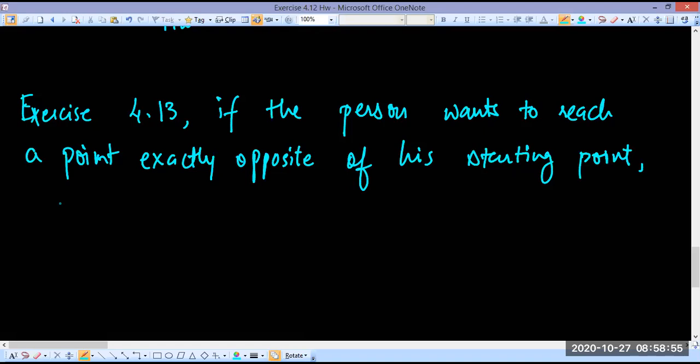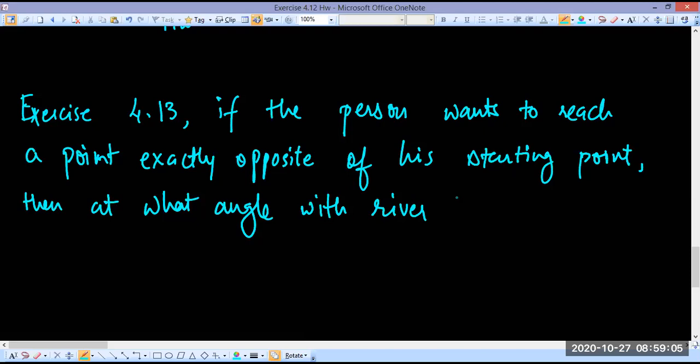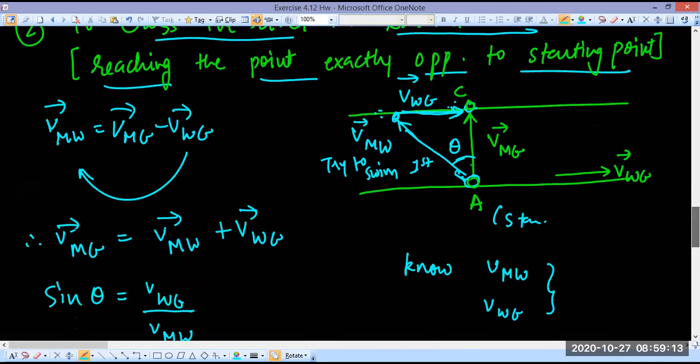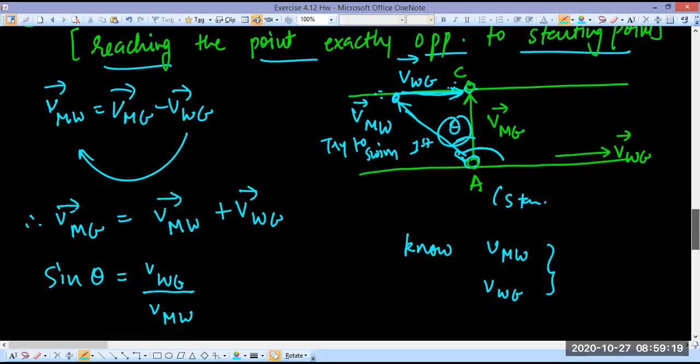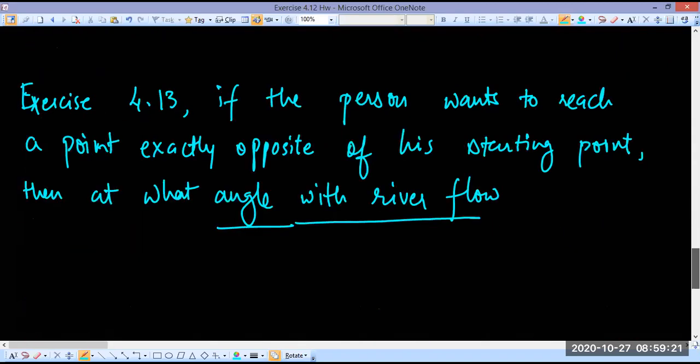then at what angle with river flow, see with river flow, be careful, with river flow, right? So the angle asked is not this theta. This is not with river flow, this is with river flow. All right, so be careful to add 90 degrees.